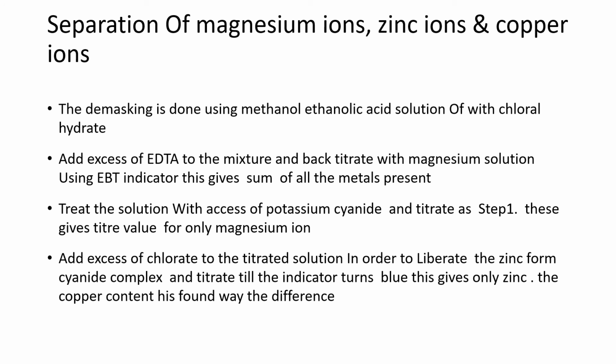This gives the sum of all the metals present. Treat the solution with excess of potassium cyanide and titrate as in step 1. This gives the titer value for only magnesium ions.